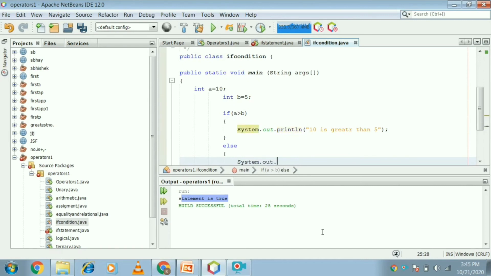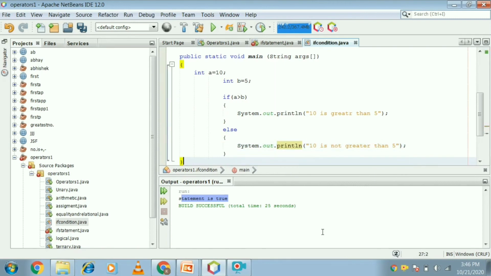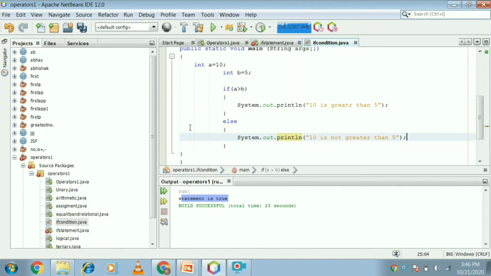Else System.out.println 10 is not greater than 5.